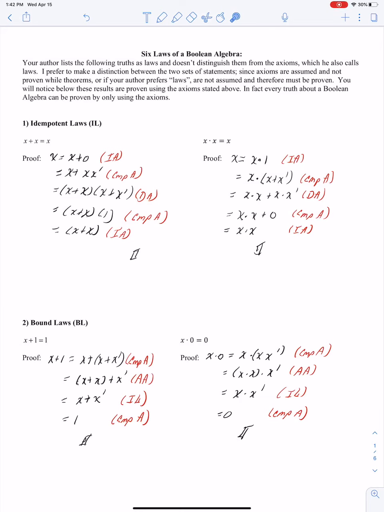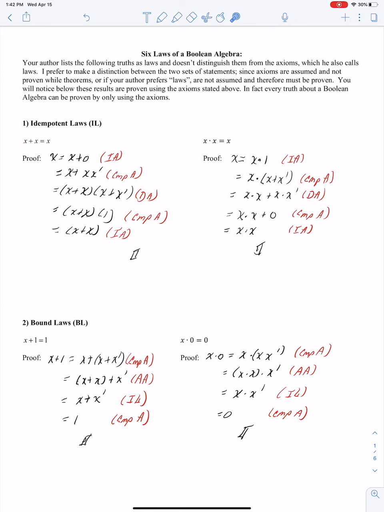I have two idempotent laws. One is if I have anything in S and I add it to itself, I get the same thing back. That's not true in algebra, seldom. All right, so x plus x is always x.